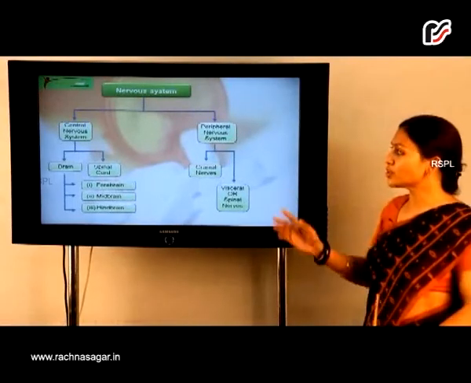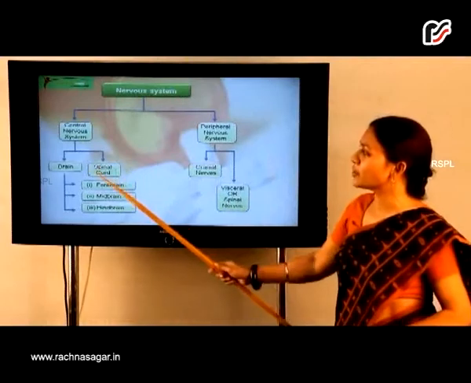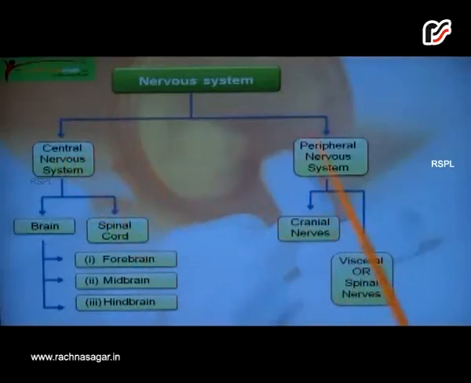Here we can clearly see that it is divisible into two basic types. First is the central nervous system and the second is the peripheral nervous system. Further, the central nervous system is divisible into two parts. First is the brain and the second one is the spinal cord.